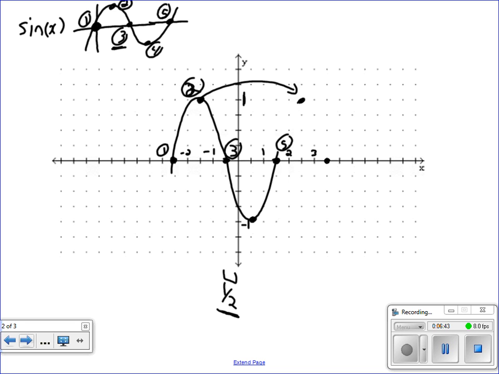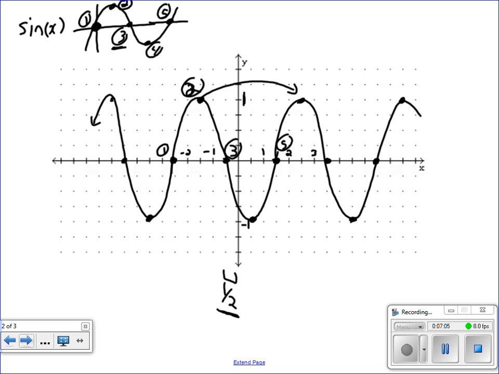Our next point would be on the x-axis, and our next point would be down at -1, and then we'd bounce back up to the x-axis and up to +1. So we could keep drawing our graph forever in both the right and the left directions. We'll draw a little bit farther both ways. All right, but the graph never stops. It keeps going on forever and ever.